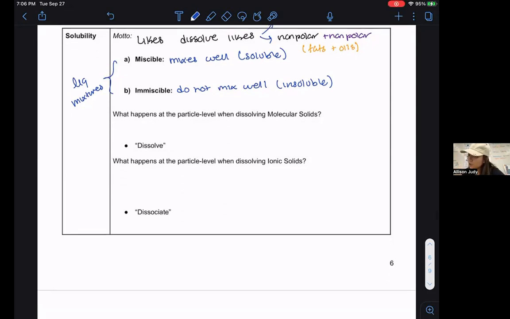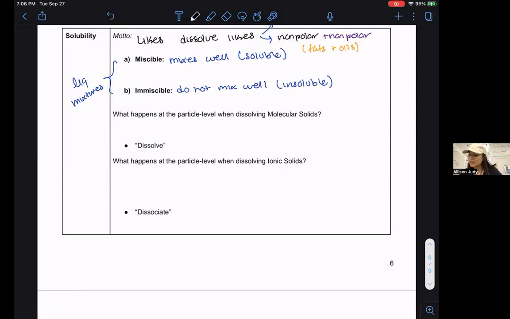Okay, so what is actually happening at the particle level when we look at dissolving molecular solids? Now, what are molecular solids? This goes all the way back to unit 2 or 3, okay?